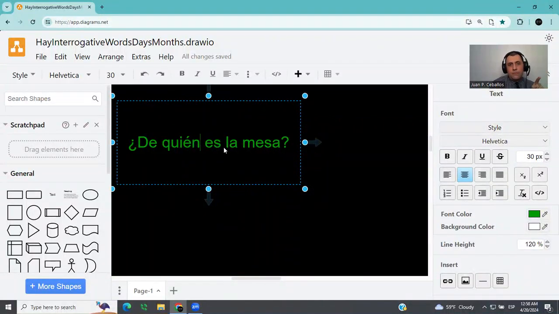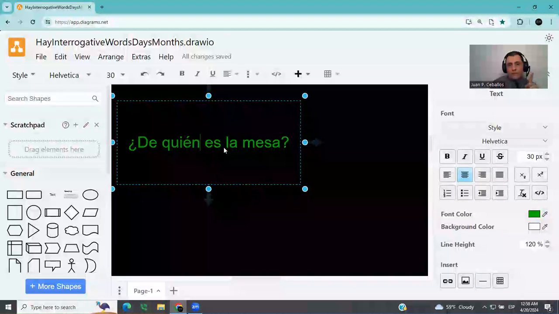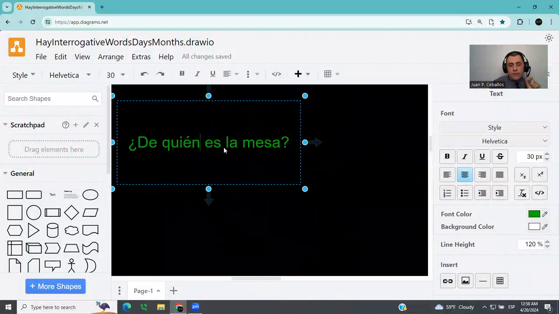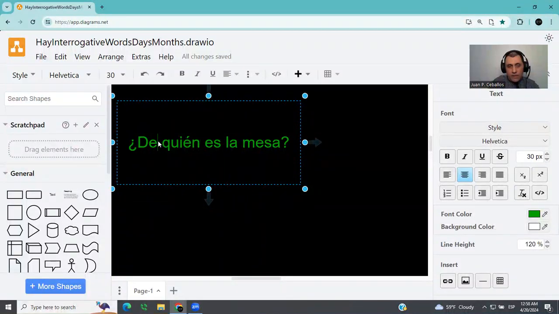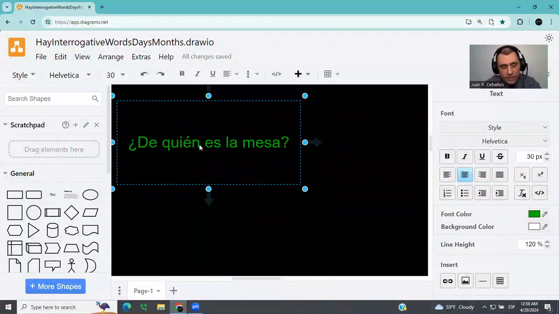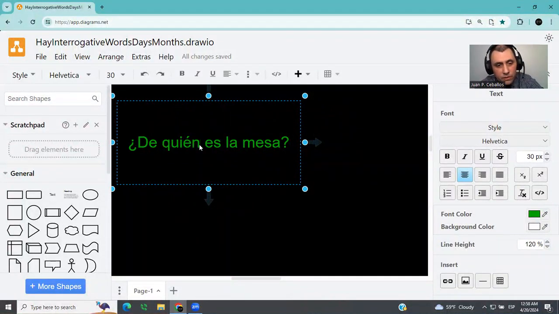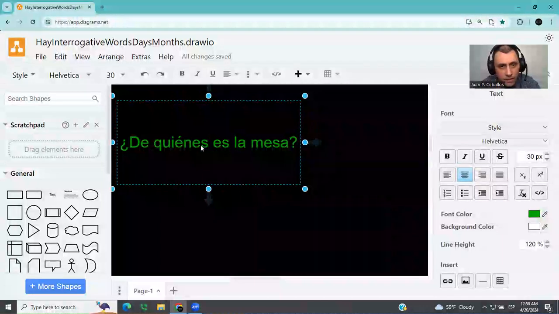This de implies possession. It doesn't imply a point of origin. The quién, con quién, and de quién work with this one. All right, remember that quién can be plural as well, so it will be de quiénes.